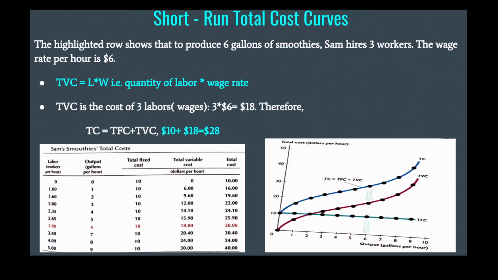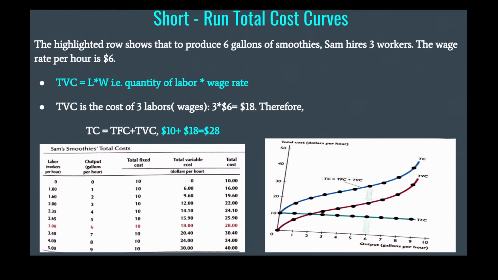So the total variable cost is calculated by quantity of labor times wage rate. So TVC is the cost of 3 workers or laborers, 3 times $6, which is $18. Therefore, the total cost is TFC plus TVC. So the TFC is $10 plus the variable cost of $18, which totals a total cost of $28.